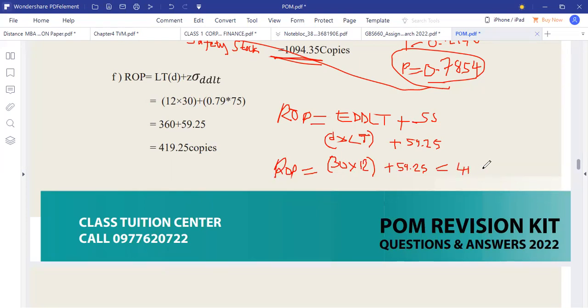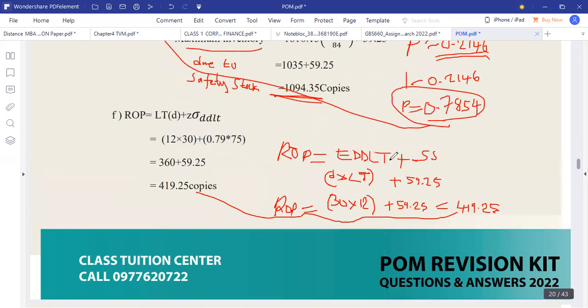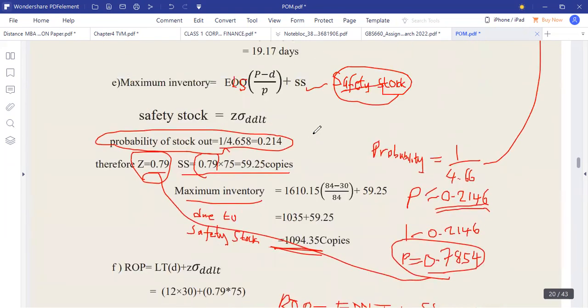When you calculate this, it is 419.25. Okay, so 419.25 is our order point: what demand you expect during the lead time, plus a safety stock.